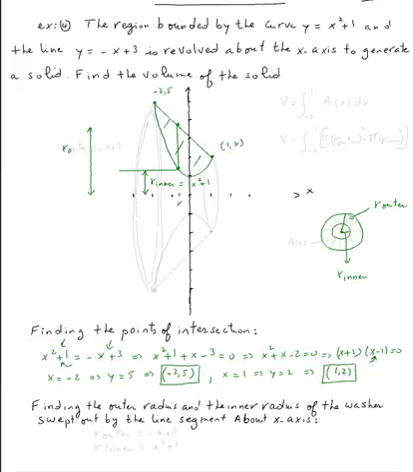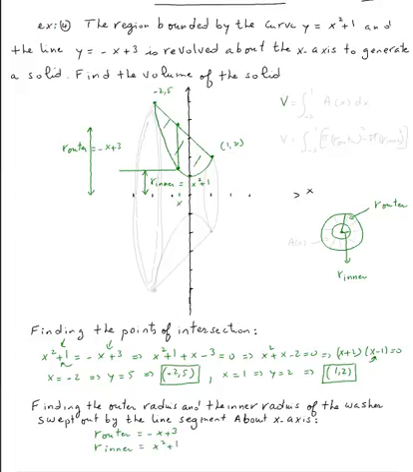So R outer is equal to negative x plus 3 at x. Let's write them down here. R outer is equal to negative x plus 3, and R inner is equal to x squared plus 1.